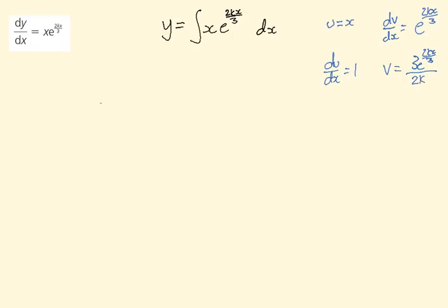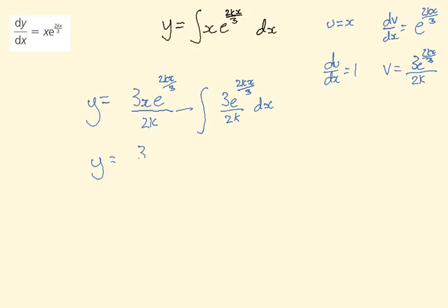Substitute that in for integration by parts, and we get y equals u times v, which is 3x e to the 2kx all over 3 all over 2k, minus the integral of du by dx multiplied by v, which is the integral of 3e to the 2kx over 3 all over 2k with respect to x.